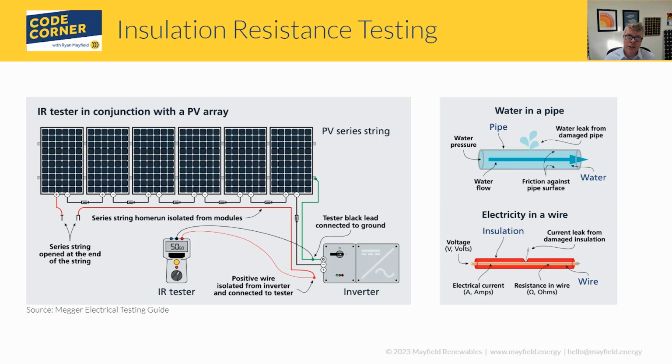Depending on the tester you have, it could be anywhere from 500 volts all the way up to 2.5 kV, or 2,500 volts. They make insulation resistance testers that go larger, but for handheld versions, the largest you're probably going to see is 2.5 kV. For the systems we're installing now, that's really the upper limit of what we need to do.